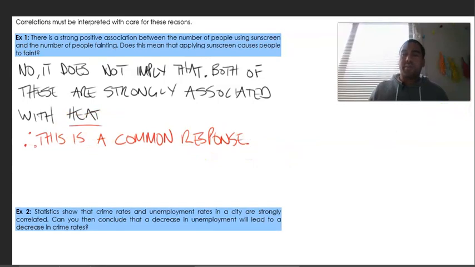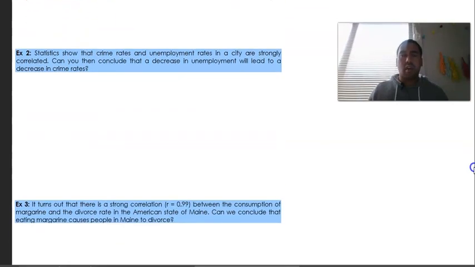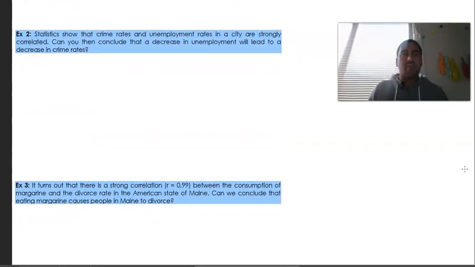Okay, next one. Statistics show that crime rates and unemployment rates in a city are strongly correlated. Can you then conclude that a decrease in unemployment will lead to a decrease in crime rates? There is a confounding variable in this case.